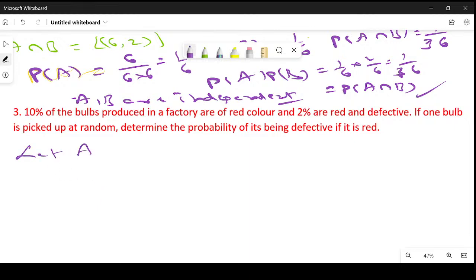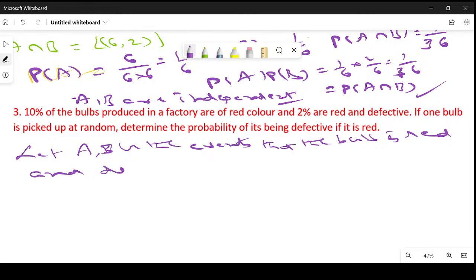I can consider A, B be the events that the bulb is red and defective respectively.